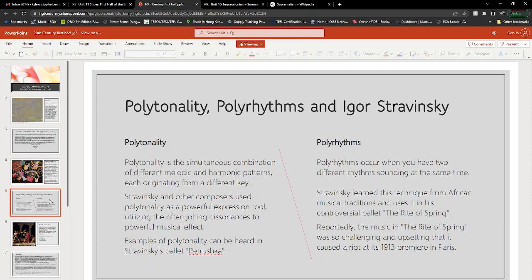Polyrhythms, as you probably guessed, is when you have two or more different rhythms sounding at the same time. Stravinsky learned this technique from African musical traditions, and we talked about this a long time ago when we looked at the instruments and even looked at what rhythm is to begin with.